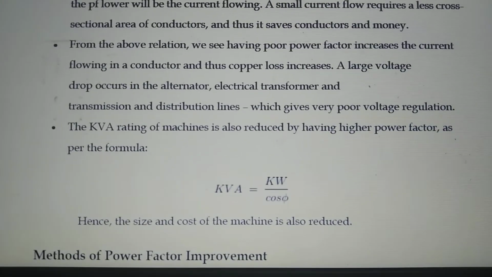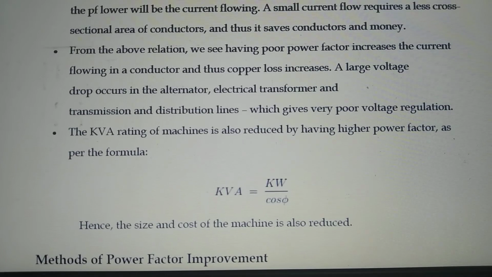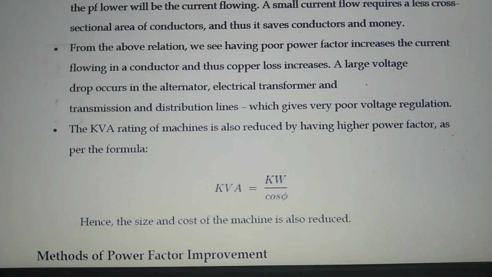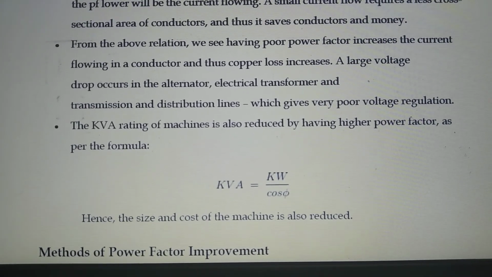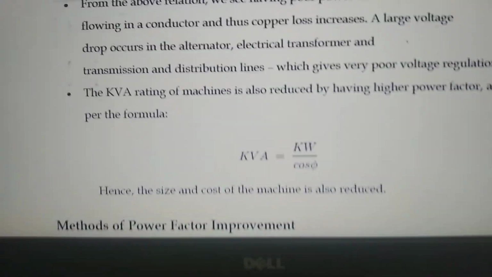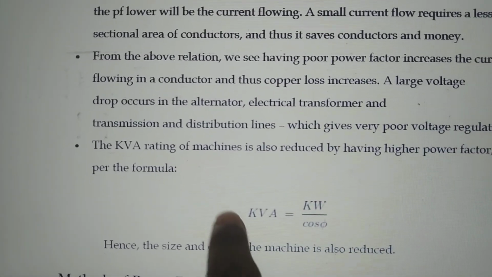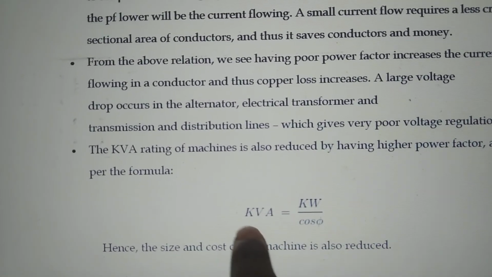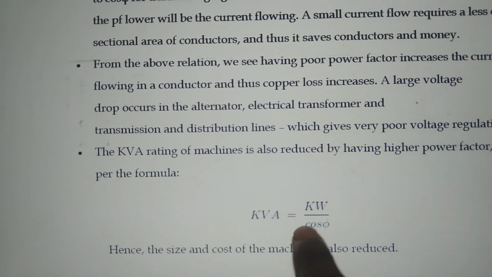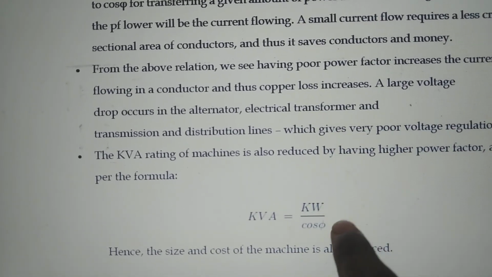The kVA rating of machines which we are using in the power systems is also reduced by having high power factor. As per the formula, look at this. kVA, this is also from the power triangle. We can write kVA is equal to kW by cos phi.